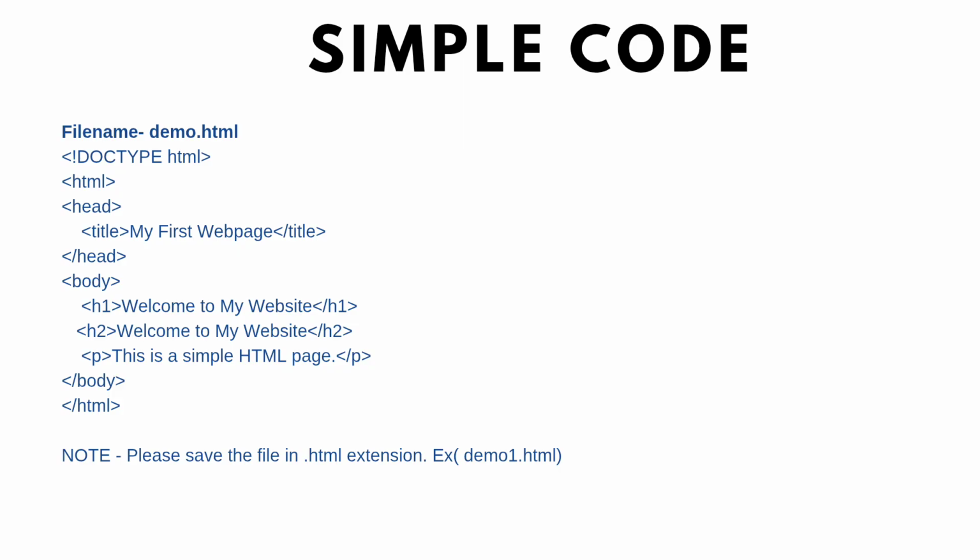Close the head tag, then body tag. In the body tag, whatever the code will be, you have to represent it there, and then close the body tag. Then close the HTML tag. This is the main structure of the HTML code. You have to remember this.